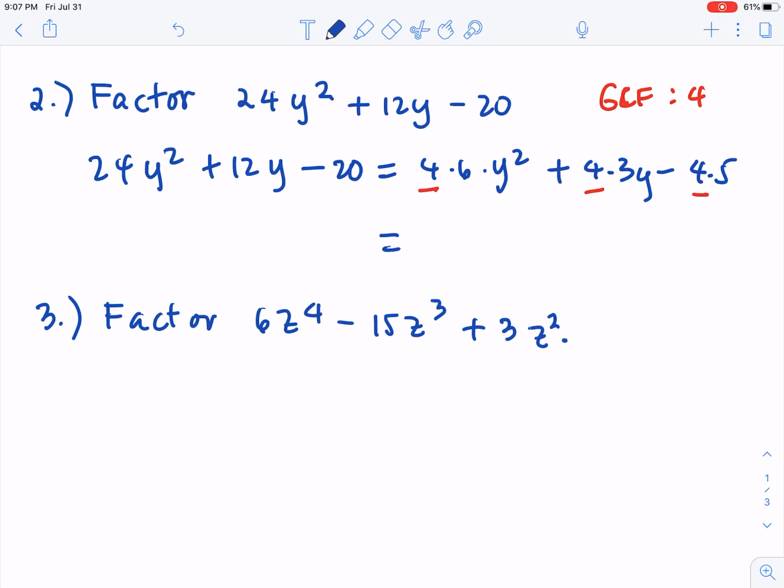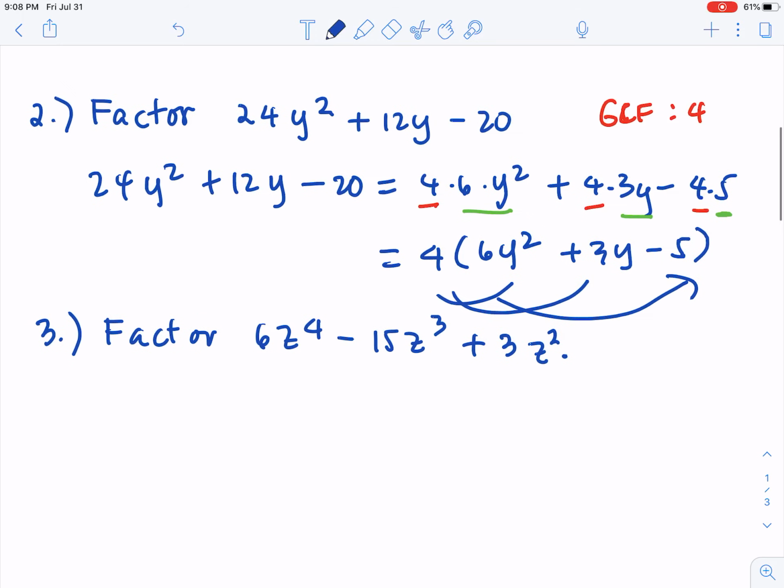Which means that this is equal to 4 times 6y squared. 6y squared yung natira dito. Ang natira dito ay 3y at ang natira dito ay 5. This is plus 3y minus 5. So, pag distribute mo yan, babalik ka dito. Okay? Pwede nyo i-check on your own.